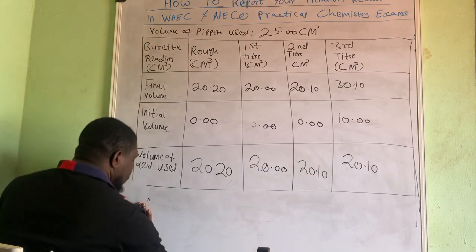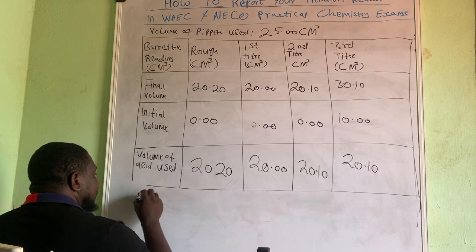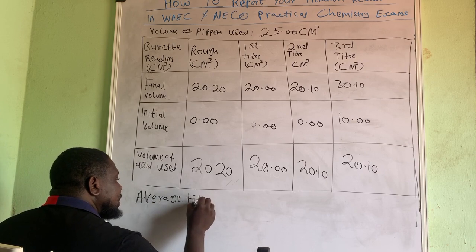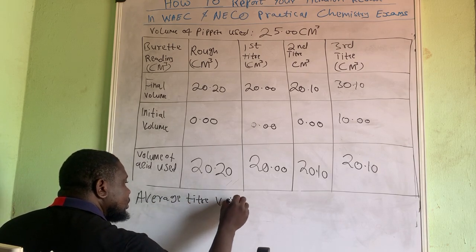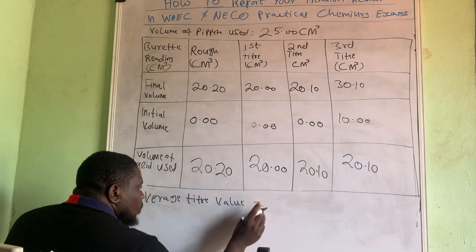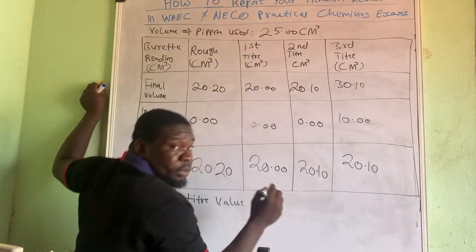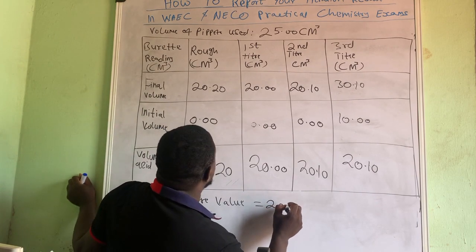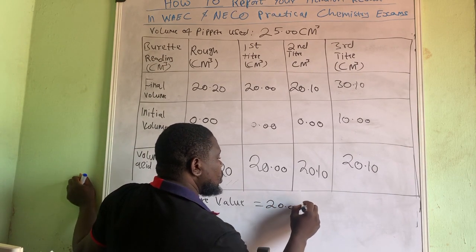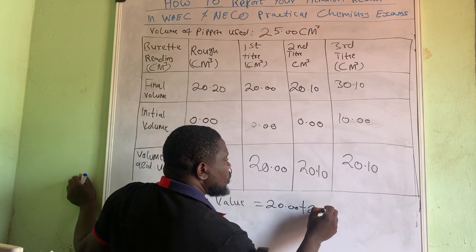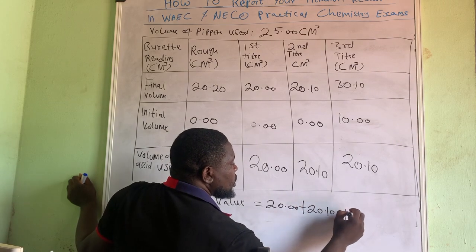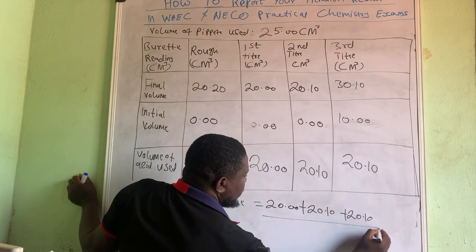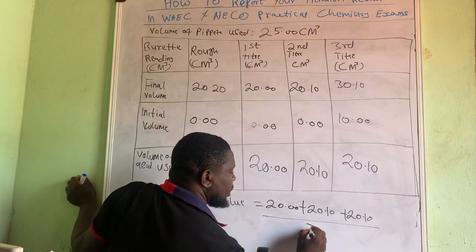Then we just say average titer value will be equal to 20.00 plus 20.10 plus 20.10. When you add them together, then divide by 3.